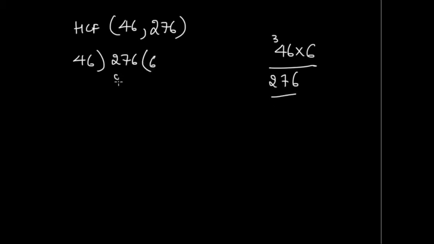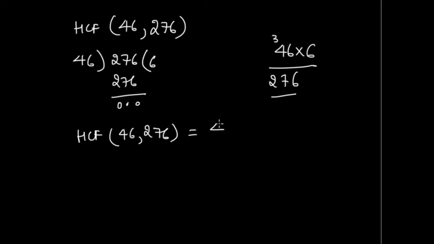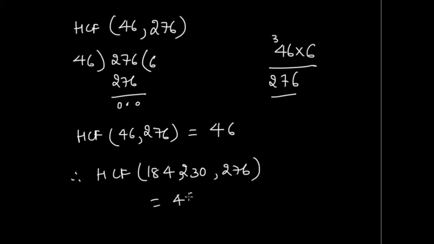So 6 times is 276, which gives us 0. So the HCF of 46 and 276 is 46. Therefore, the HCF of all three numbers that we first started off with, 184, 230 and 276, is equal to 46. That's all there is to this.